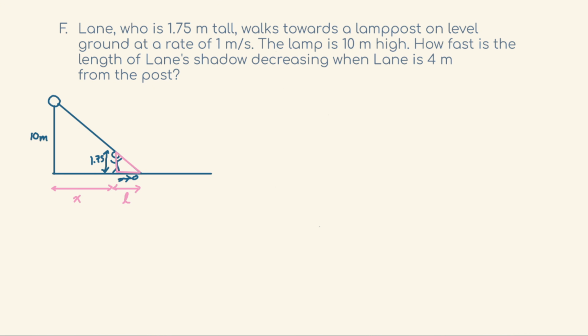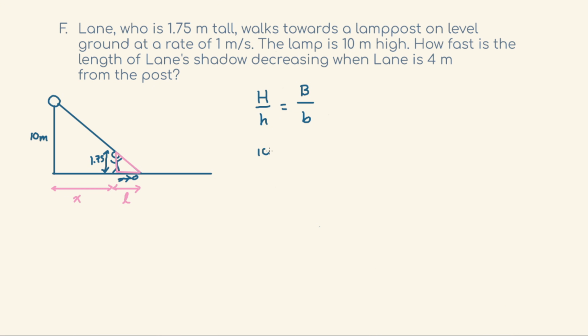The ratio of the height of the big triangle to the height of the small triangle is equal to the ratio of the base of the big triangle to the base of the small triangle.